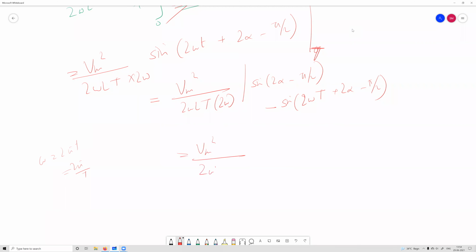Vm square by 2 omega L T into 2 omega, sine of 2 alpha minus pi by 2 minus 4 pi. Exactly 4 pi, right? Now sine of 2n pi plus anything is sine of that anything. Sine of 2n pi plus alpha is sine alpha, right or wrong? Check for yourself.